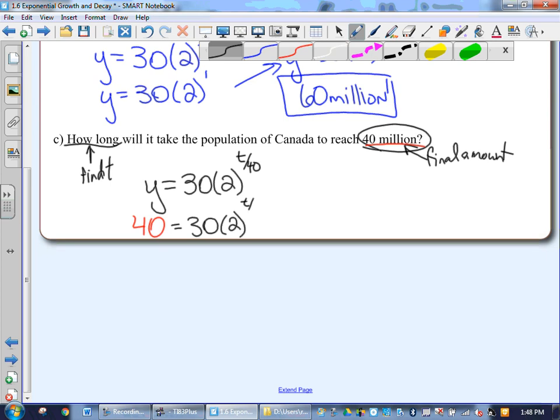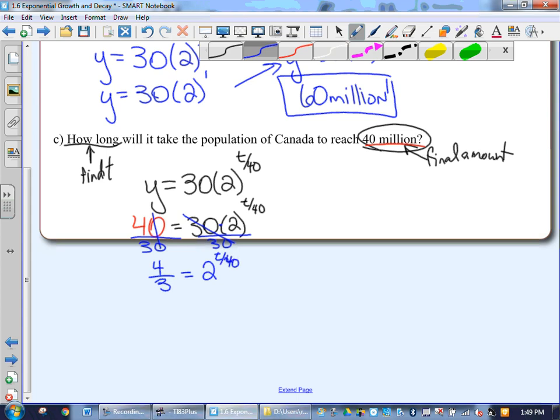This one we're going to solve algebraically. If there's an exponent on one side, how am I going to solve it? Well, I need to write it logarithmically once I get rid of that coefficient. Now I can simplify 40 over 30 to 4/3. So 4/3 is equal to 2 to the power of t over 40.